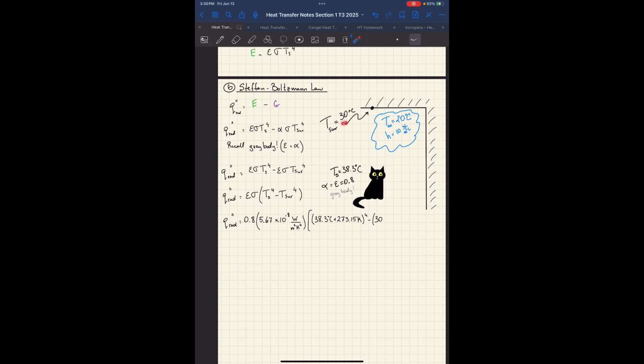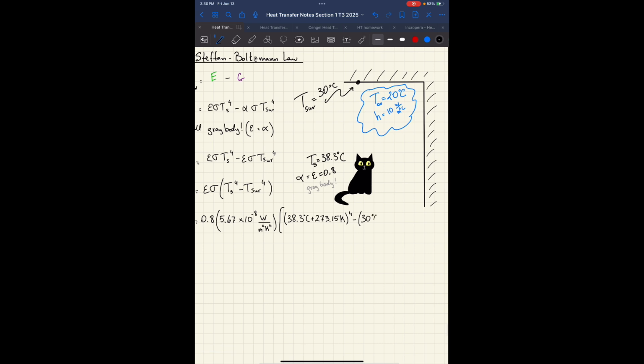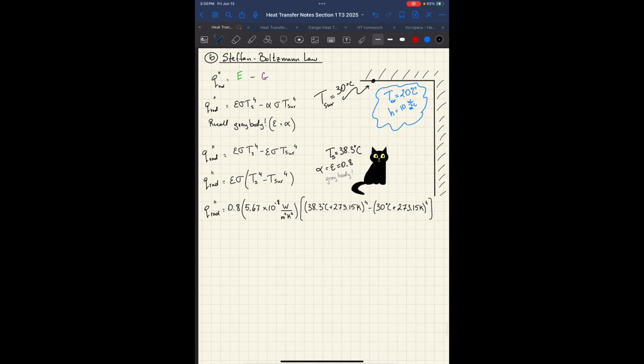This is why it's important to note the correct temperature. All right, please be careful of that. Okay, so Q, when you crunch the numbers, becomes 43.71 watts per meter squared.